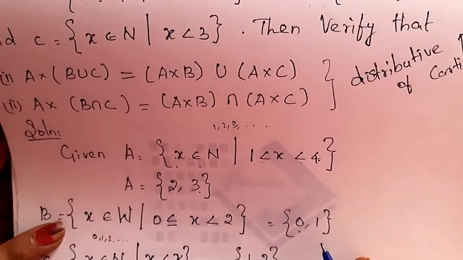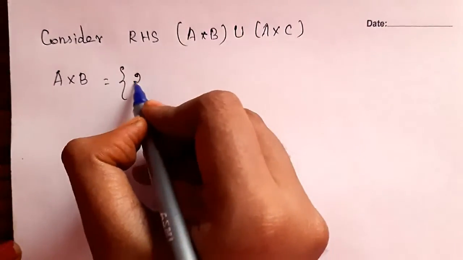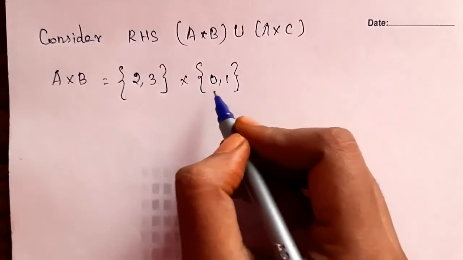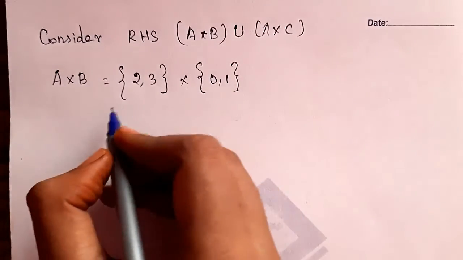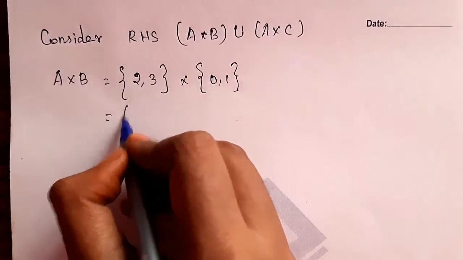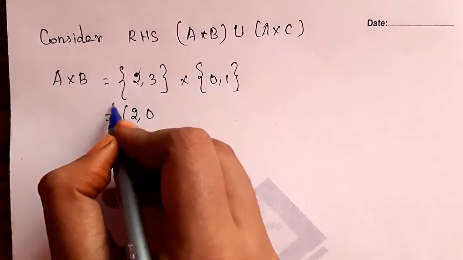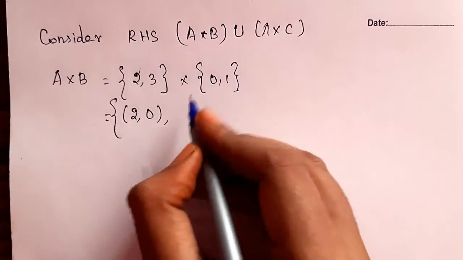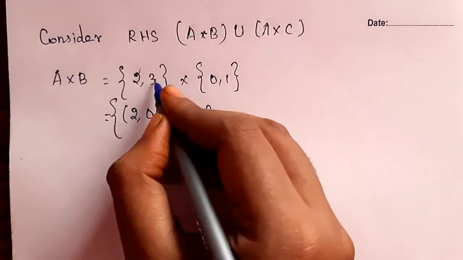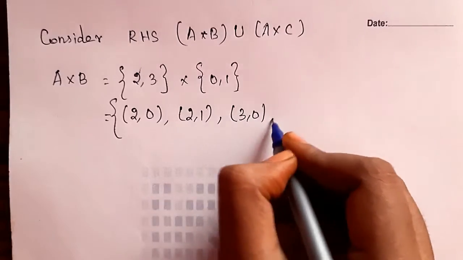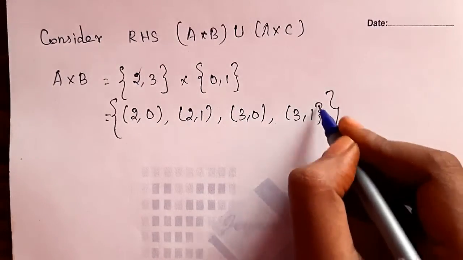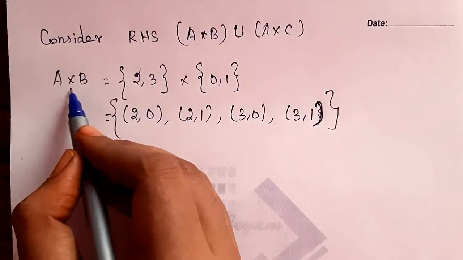B is {0, 1}. So {2, 3} cross {0, 1}. We are going to do the cross product. So just make it the set of all (2, 0), then (2, 1), next (3, 0), next (3, 1). So A cross B is over.